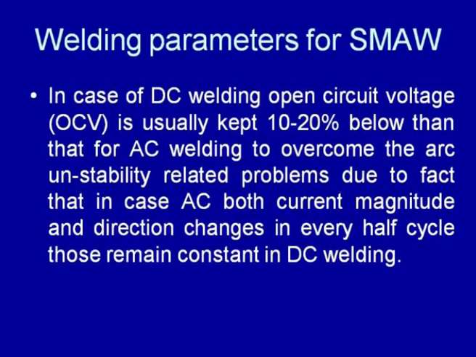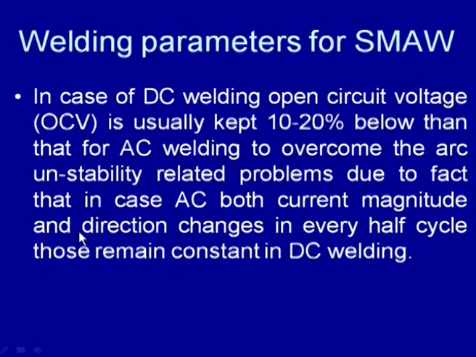In case of DC welding, open circuit voltage is normally kept about 10 to 20% below that required for AC welding, because in DC welding the magnitude and direction of the current remain constant, and that is why the arc stability problem is not as much as experienced in AC welding.